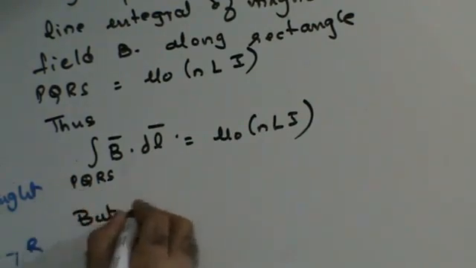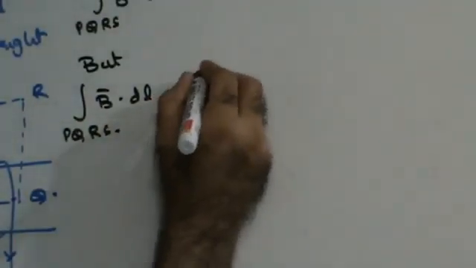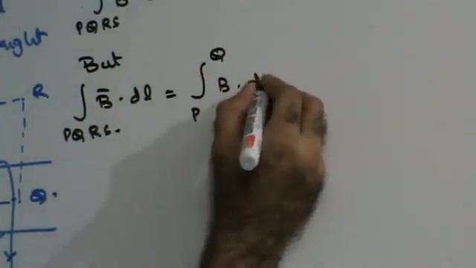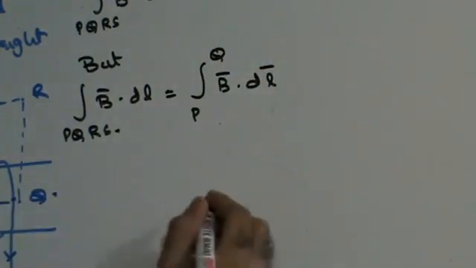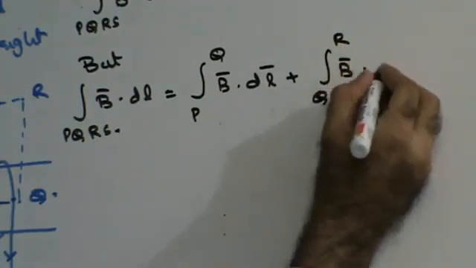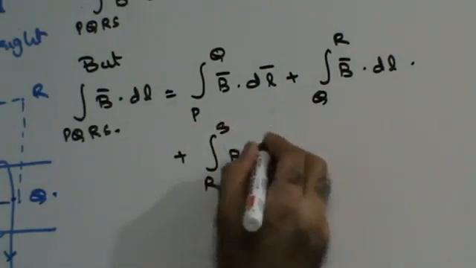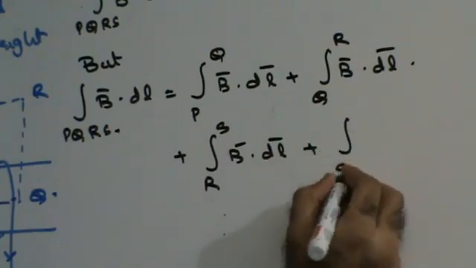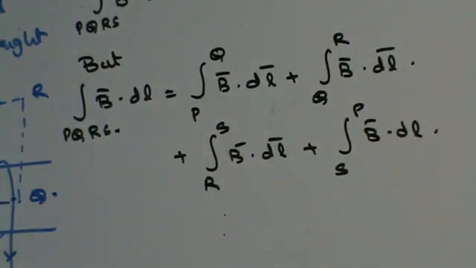Now, if I split this up by integration, this can be written as integral of B vector dot dl in PQRS should be nothing but the integral of PQ B dl, the integral of the length, plus integral of QR B dl plus integral of RS B dl plus integral of SP B dl. That is going to be my integral in the rectangle, right?